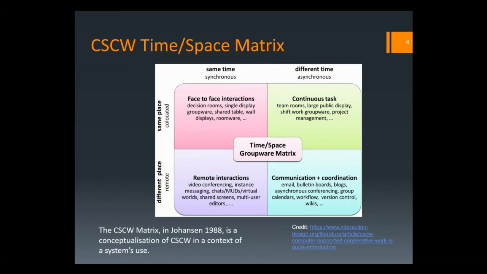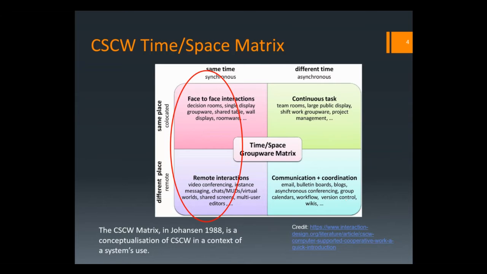And the bottom right, communication and coordination. This one is asynchronous and also remote. You can look at emails, information, posts, and social media, which can be real time as well, but oftentimes you look at them when you look at them, not necessarily when they happen. So this is information that becomes useful.